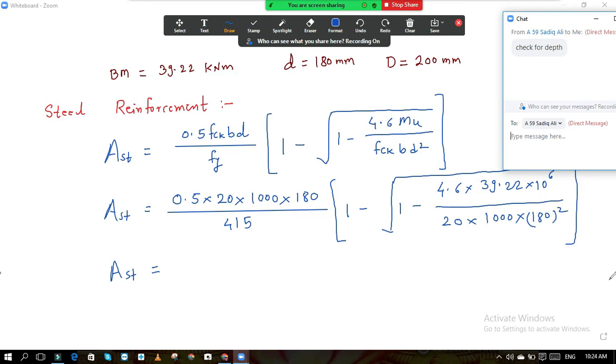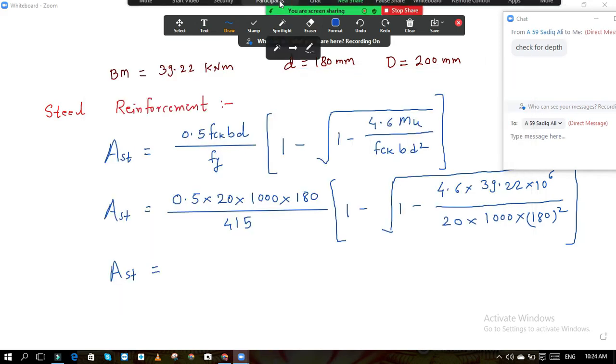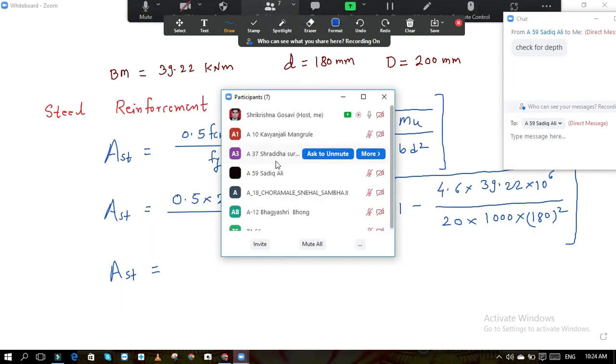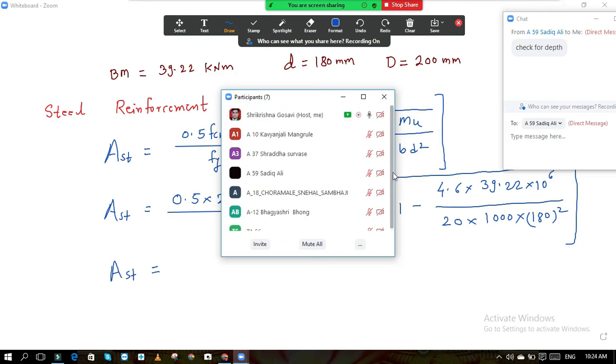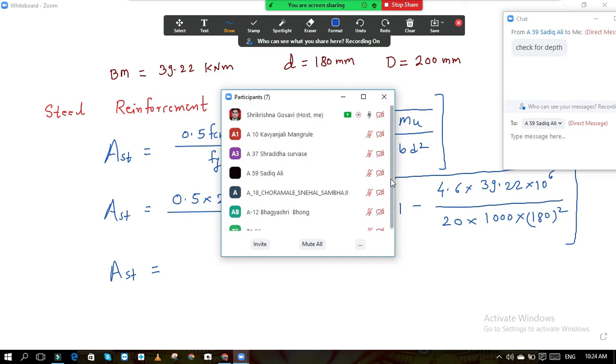It is not a solved problem. Why are you not solving? Roll number 10, 37, 59, 18, 12, 56.